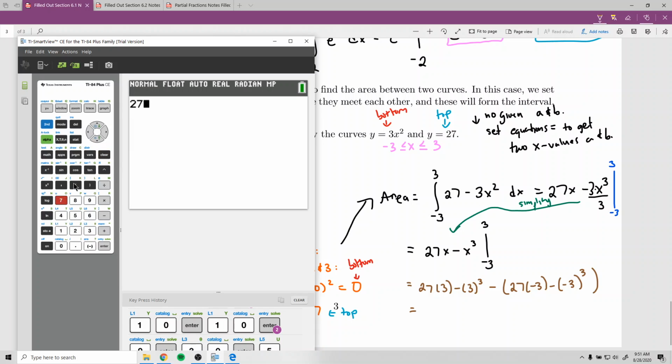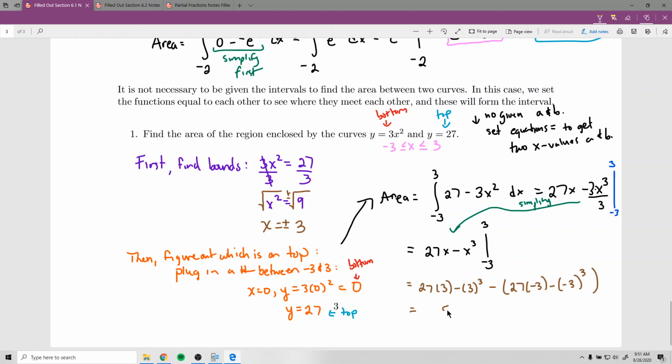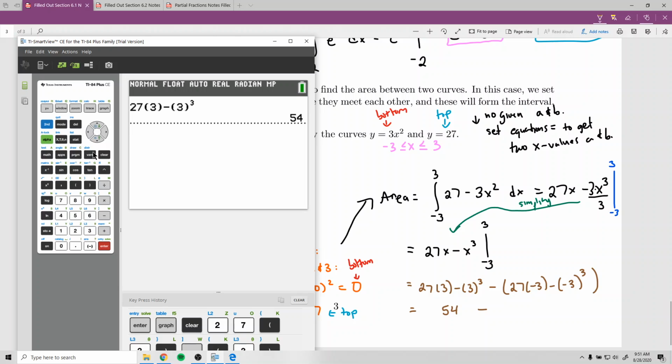So the front thing, we got 27 times 3 minus 3 raised to the third power is 54 minus, and then 27 times negative 3 minus negative 3 raised to the third power. That's negative 54.